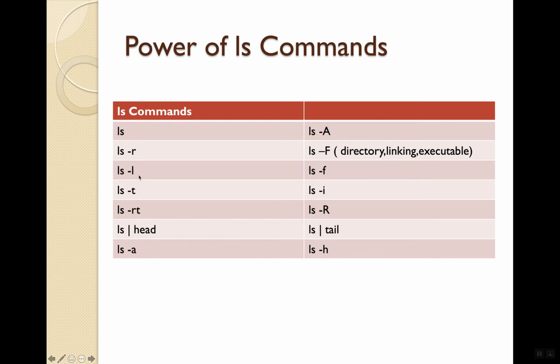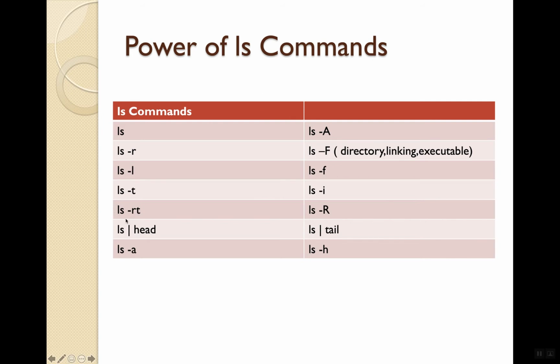And I can combine r and t. If you know these two, r means reverse and t means time. In reverse order, the last modified time will be displayed. If you combine them, the order is not important.